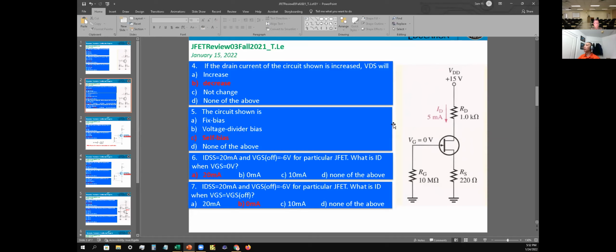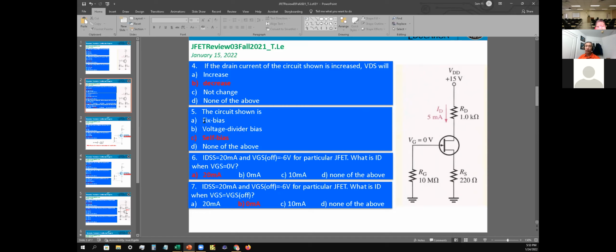So VDS is going to be decreasing. Increasing the drain current increases the drop across RD, decreasing VDS. Just kind of sit there and calculate a little bit. So the answer is B as in decrease for number 4.